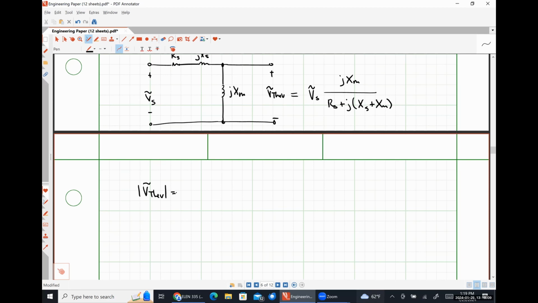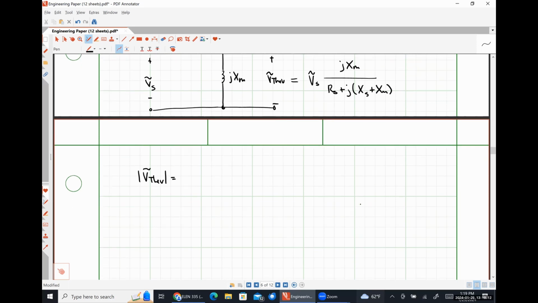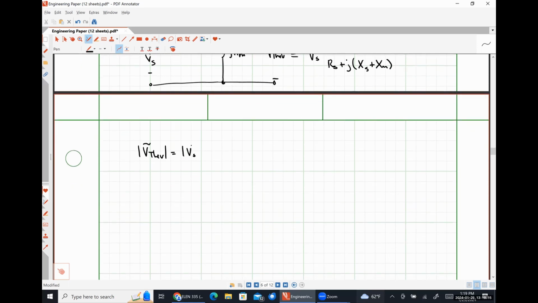Make sense? Okay. So the magnitude of Vs is just the magnitude of Vs. The magnitude of JXm is just Xm. And the magnitude of that combination, Rs plus J(Xs plus Xm), is going to look like the square root of Rs squared plus (Xs plus Xm) squared.